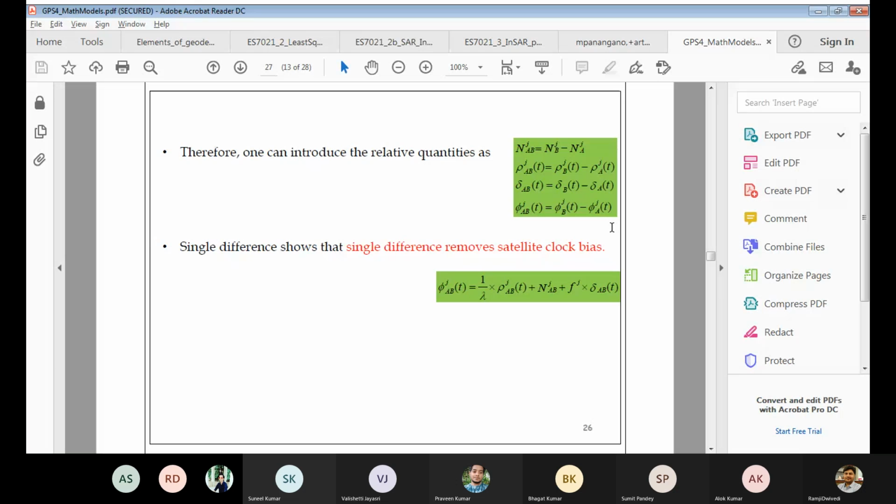Now, what is more important? We are writing the so-called common error, while error will be more in this resultant AB compared to your individual error.